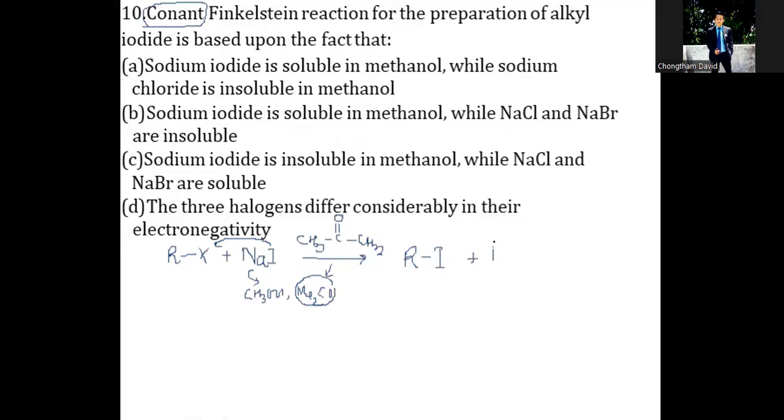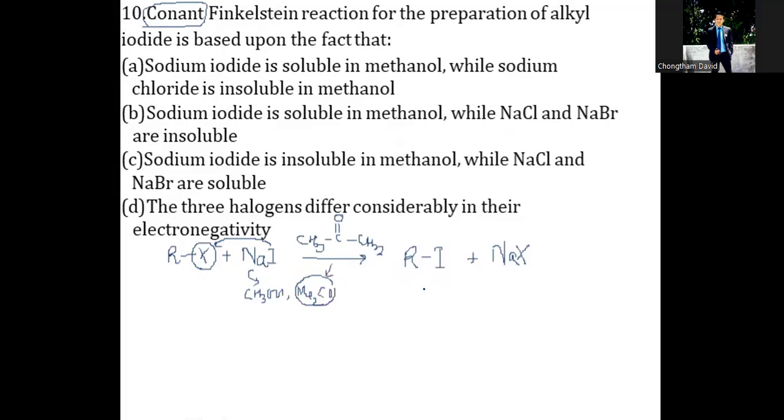And the product is sodium halide. Initially this X was from the alkyl part. Now it becomes insoluble in that particular polar solvent, be it methanol or acetone. Acetone can be written as Me2CO or CH3 C double bond O CH3.